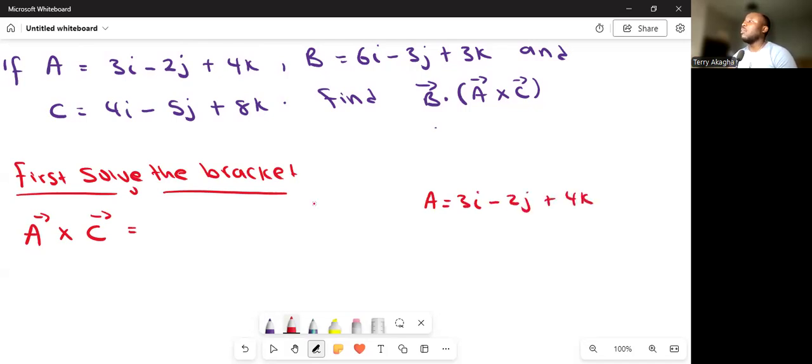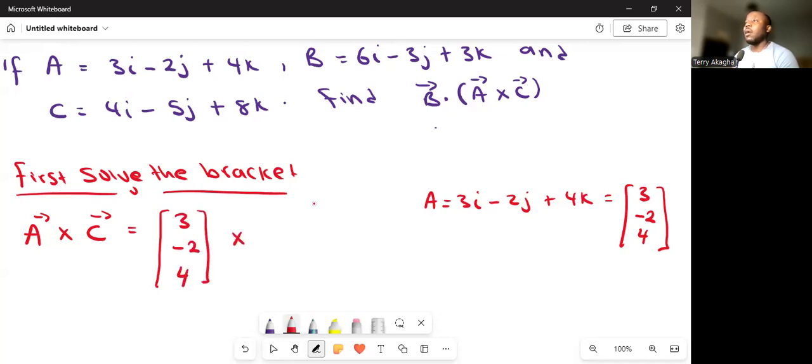So you can rewrite this as a column vector. The i represents the x, the j represents the y component, and the k represents the z. So we can write A to be 3, minus 2 and 4.